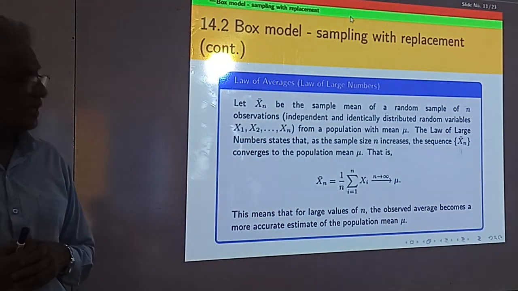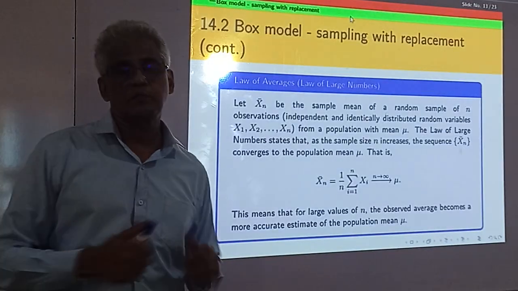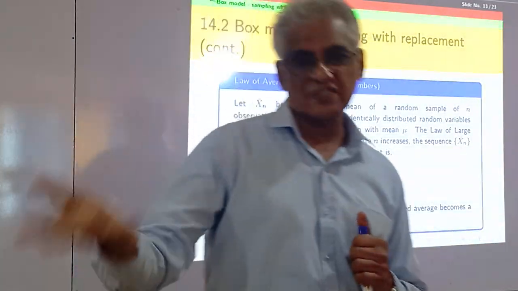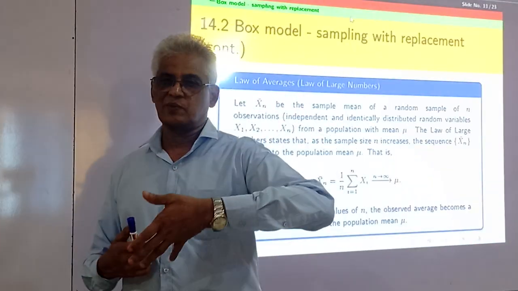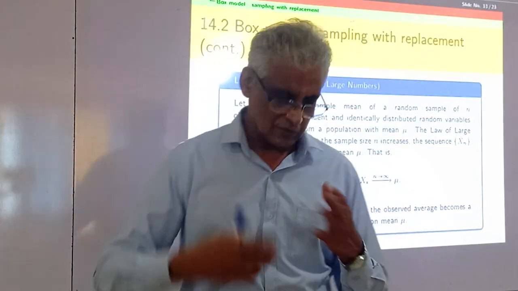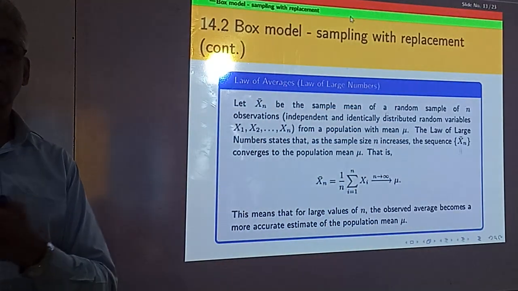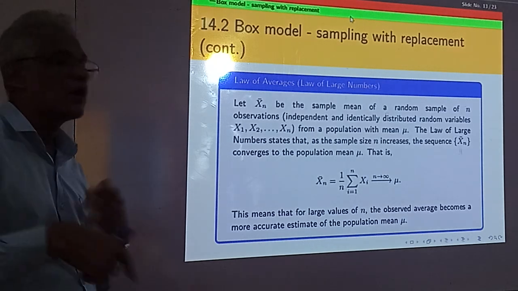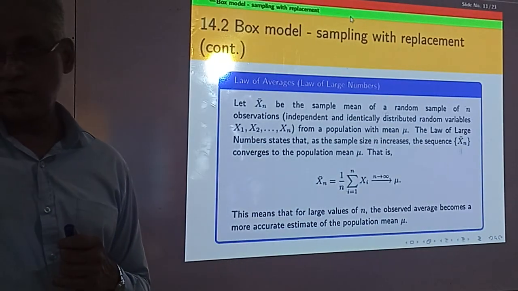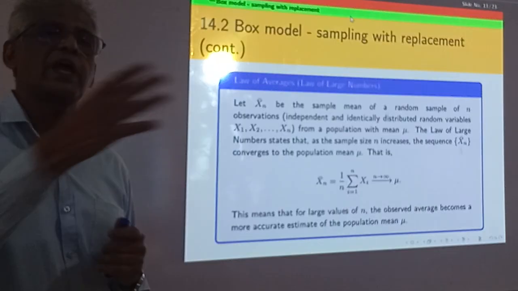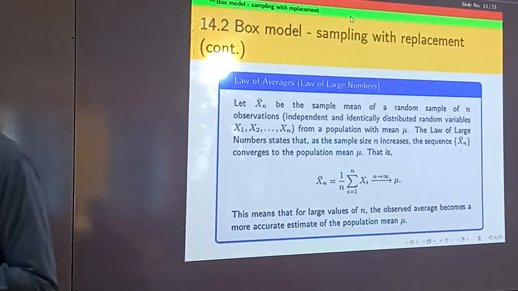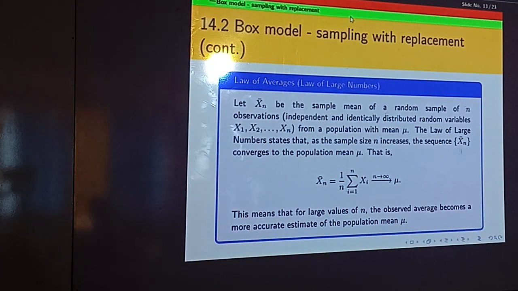Usually when you want to estimate some population mean, you use the sample mean as an estimate. Right? But the theorem says if you have a large sample, then you can have a high confidence that your estimate will be more accurate than when you have a small sample size.